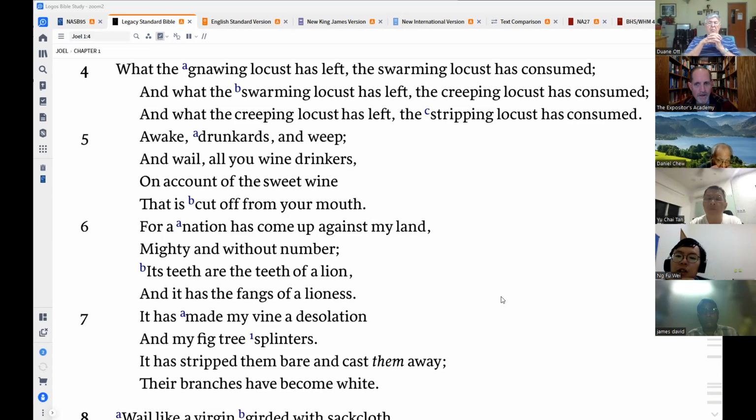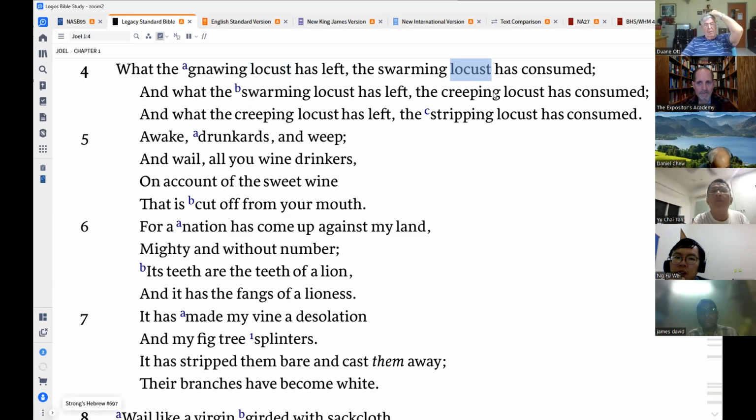What does he first describe here in verse 4 that has taken place? Is that my pronunciation right, the gnawing locust?